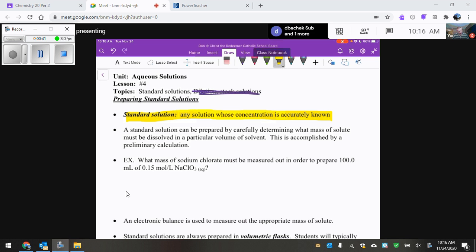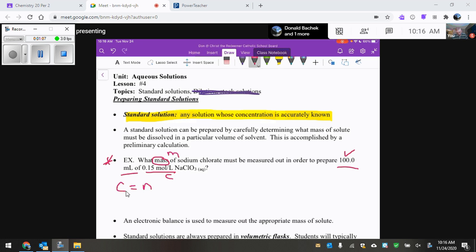Okay. I asked you to do this example for me yesterday, and let's just go through this real quick. So it says what mass. So we're looking for the mass. We have a volume here, it's 100 milliliters, and we have a concentration here. So I want to figure out what mass of sodium chlorate do I need to use to prepare this solution. Well, I have C, I have V, I can find n from that.